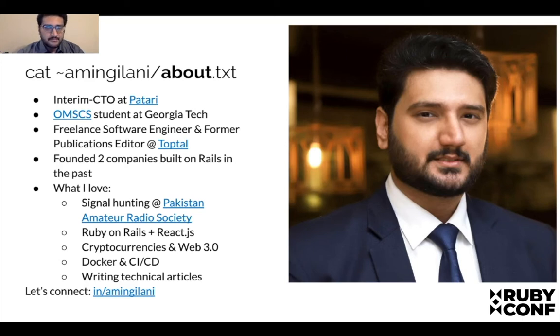And I like dealing with a lot of technology related to cryptocurrencies and Web 3.0, which ties in with blockchain tech. I love developing stuff and then wrapping them in Docker containers so that they're easy to use with CI/CD. And most of all, I love writing technical articles.